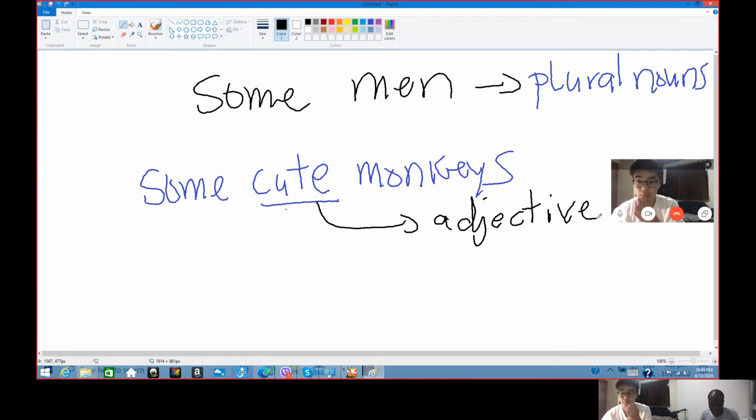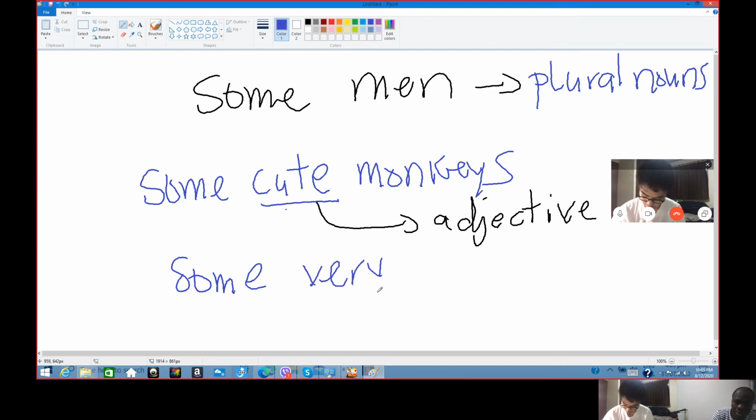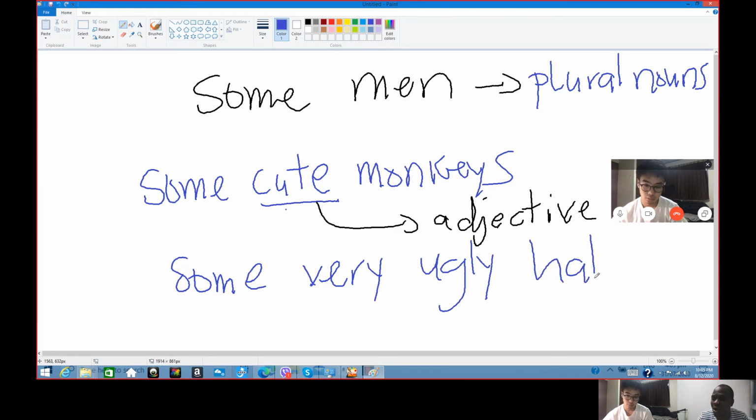Then the last one, it can be followed by an adverb. Some very ugly hats. Sorry, I made a mistake.